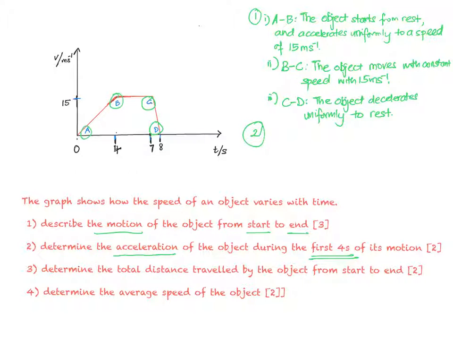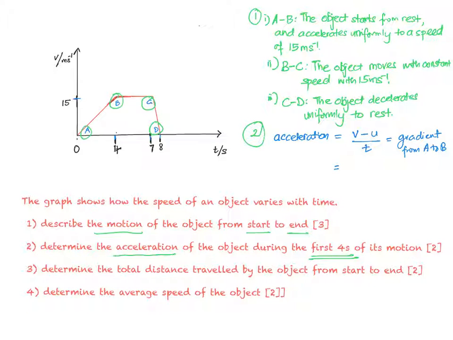Since this is uniformly accelerated, you can just use the equation: acceleration is the change in speed, final minus initial over time, which in this case you can also get as the gradient of the graph from A to B.